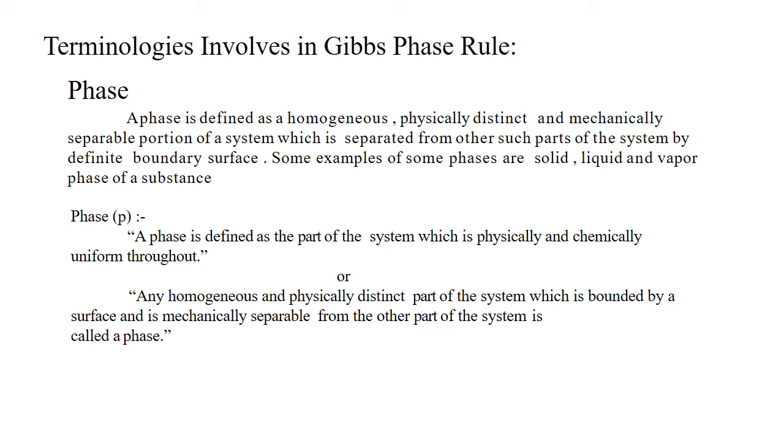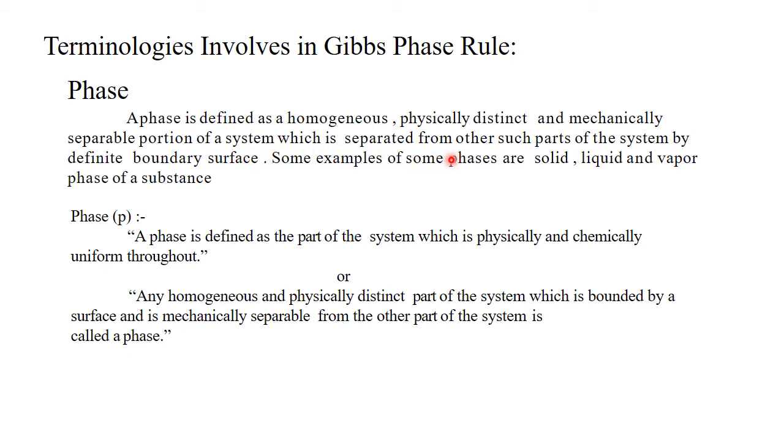Terminologies involved in Gibbs phase rule. What is phase? Phase is defined as a homogeneous, physically distinct and mechanically separable portion of a system which is separated from other such parts of the system by definite boundary surface. Some examples of phases are solid, liquid and vapor phase of a substance.